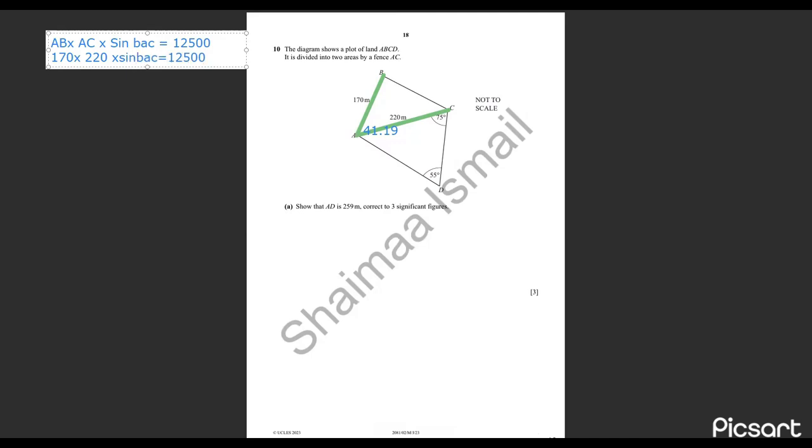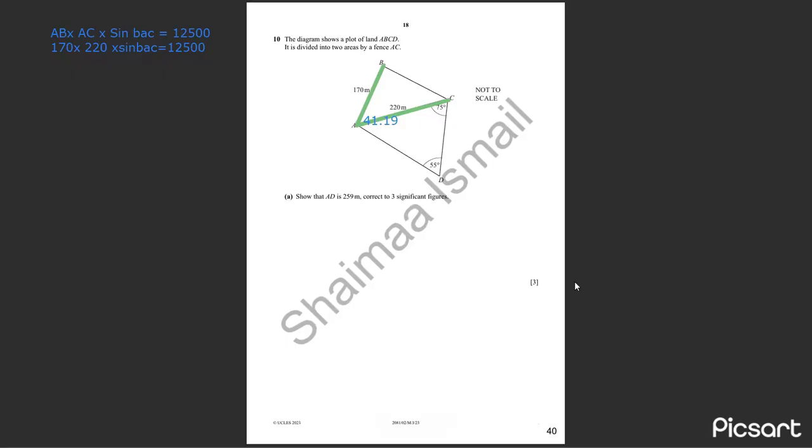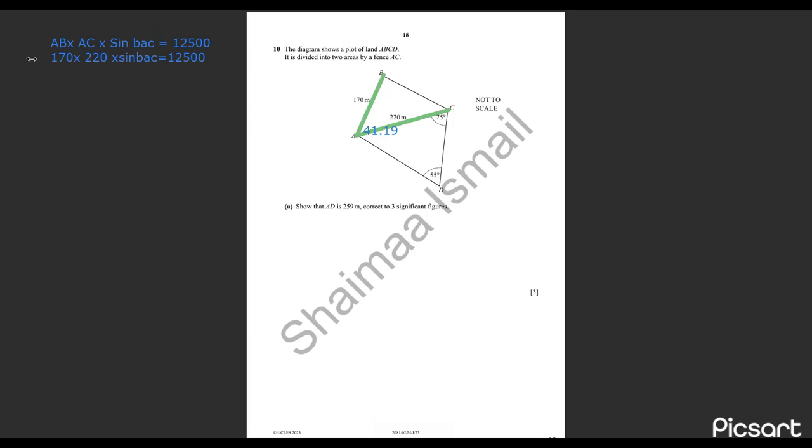So we get the 12,500 dividing by 170, multiplying by 220. Okay, we put them in a bracket. Then shift sine of this answer. On this row we have half. Which one out of 2? So here we have half of 170, which is 1,700.